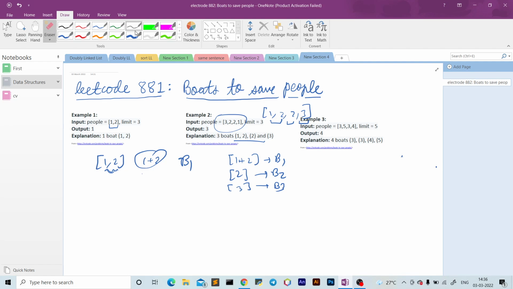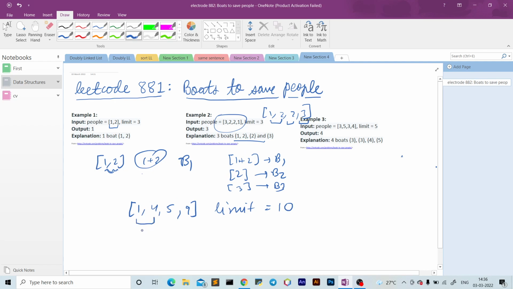But if we consider one more example, let's say 1 4 5 9 and the limit is 10, then if we do the same thing after sorting, the 1 and 4 will be in boat 1. Then the sum of the next two is 15, so they cannot be in boat 2, so this will be in boat 2 and this will be in boat 3.